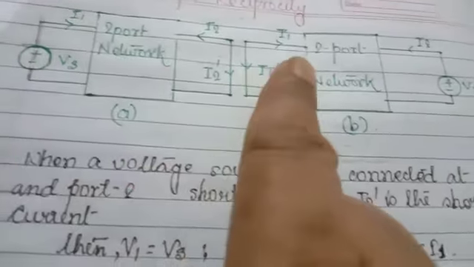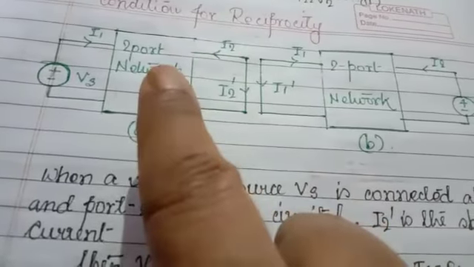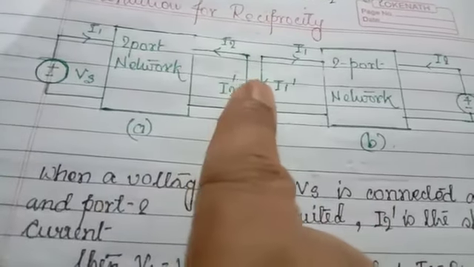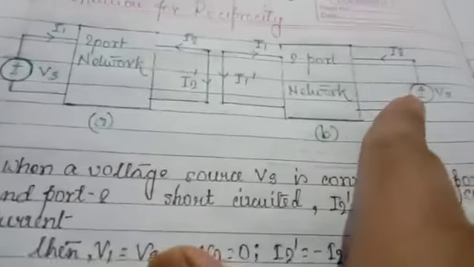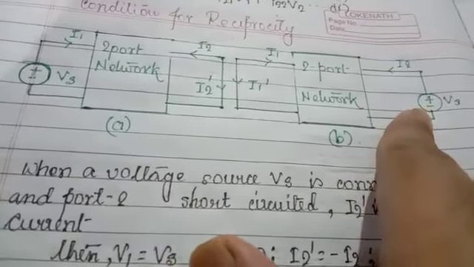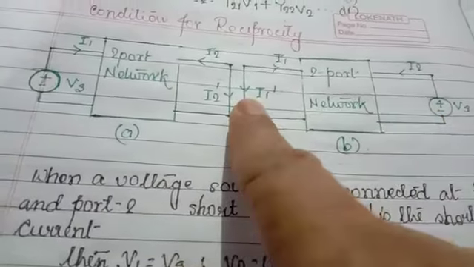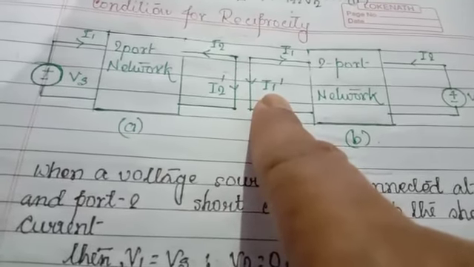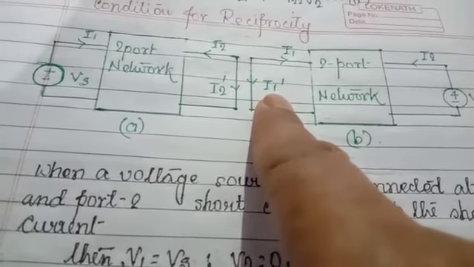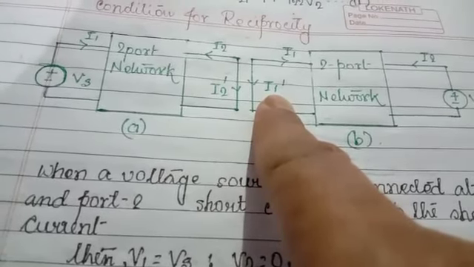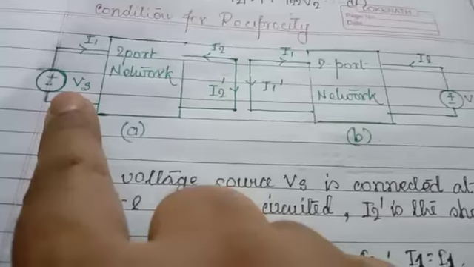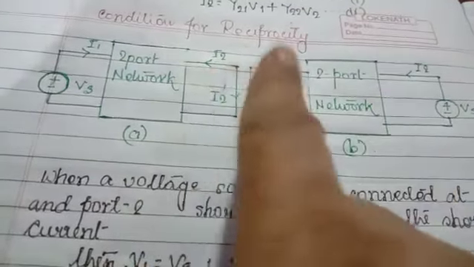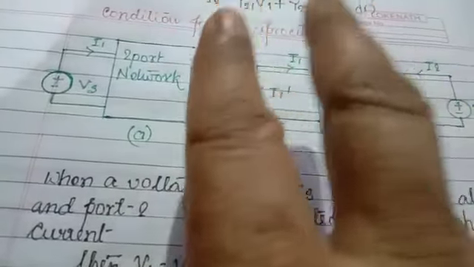Then we will interchange the position of the voltage source and connect it to port 2, and as a result the response at port 1 will be measured. The response to the excitation will be the same if the circuit is reciprocal.